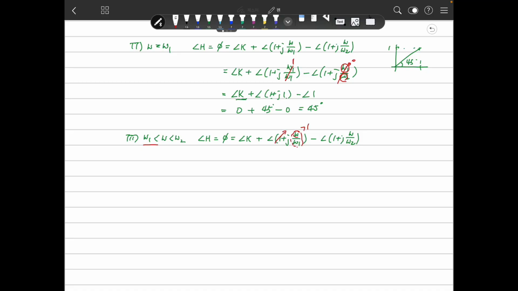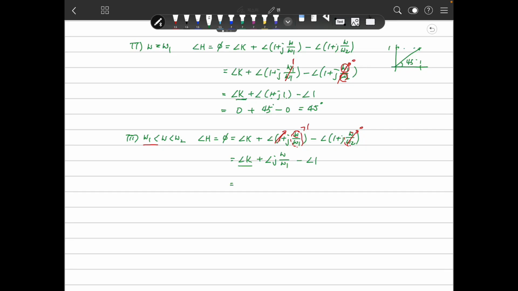Therefore, we can ignore these terms here. But omega is smaller than omega 2, so this is a 0. So we can rewrite here K plus J omega 1 omega minus 1.